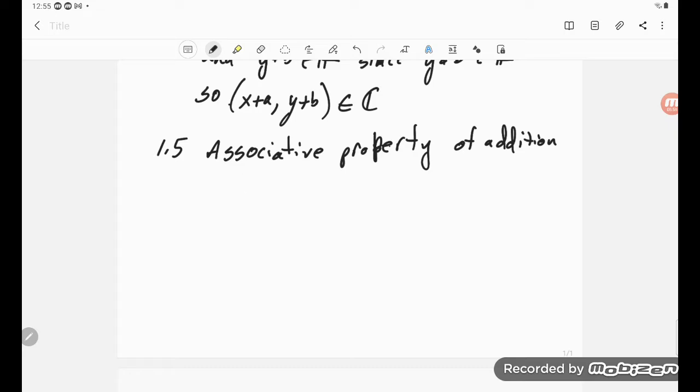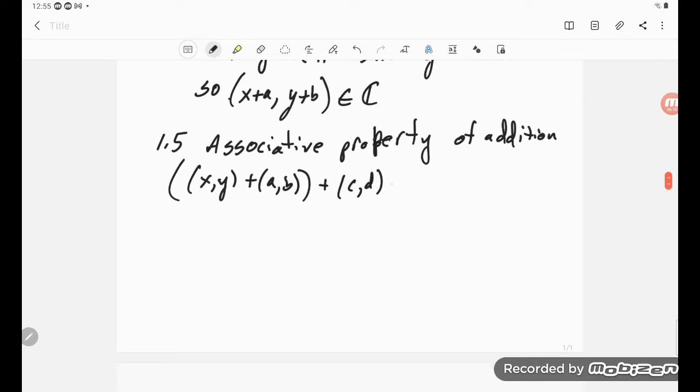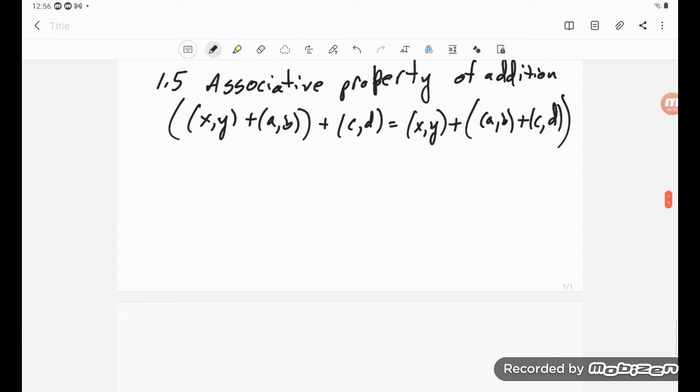And what it's just saying is that if I were to take xy plus AB and add those first, then add to that the result of CD, then that's the same thing as if I had actually added the AB to the CD first and then added the XY. So that's the associative property of addition.